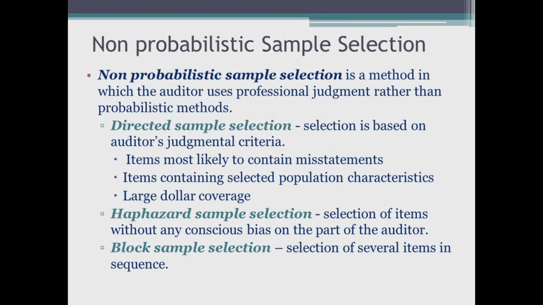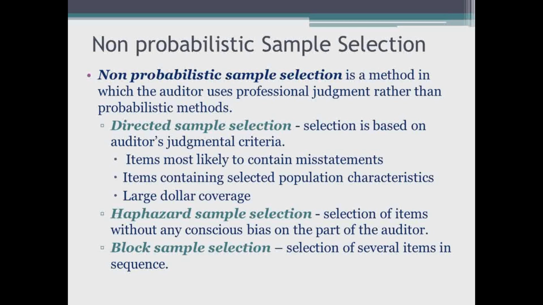And large dollar coverage, and that's what you see a lot of, large dollar coverage. And you'll see some combination of both of these in terms of how the auditor makes their decision. So for example, they might say we're going to look at all items in this particular category or with these characteristics, and in addition, we're going to look at all accounts over a specified dollar amount.